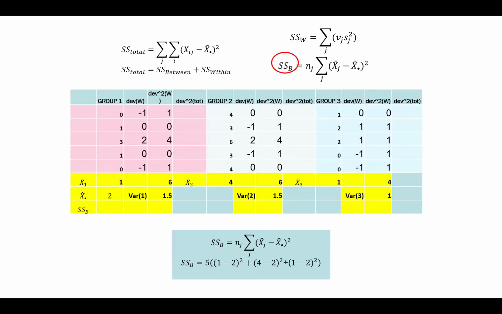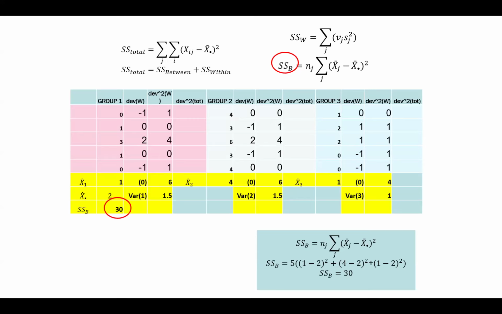So you're going to have 1 minus 2 squared, 4 minus 2 squared, since the group mean for group 2 is 4 and the grand mean is always 2, and 1 minus 2 squared. The sum of all of those times 5. And we're going to see the sum of squares between is 30.